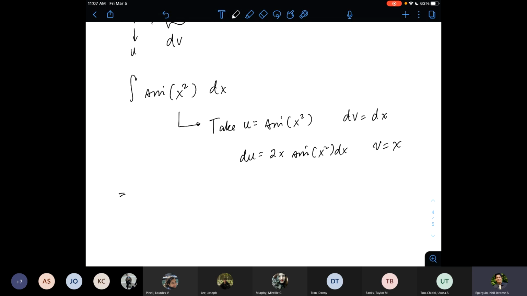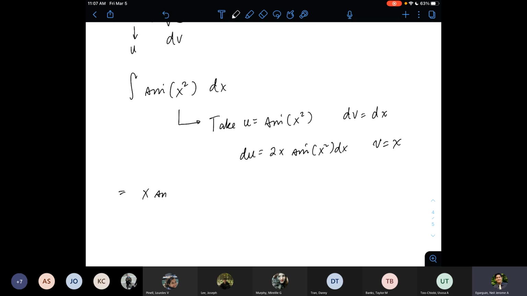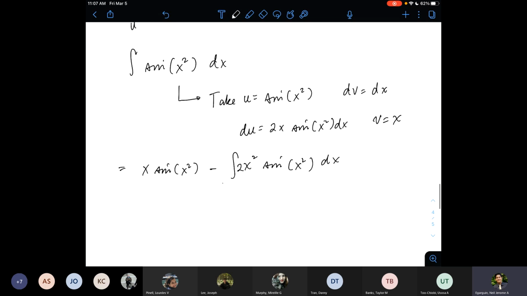So this will be uv minus integral of v du, so it's x sine of x squared minus integral of v du, x times 2x cosine of x squared. So I'll have this. Okay, and then here, you cannot do u substitution. You'll need to do integration by parts.